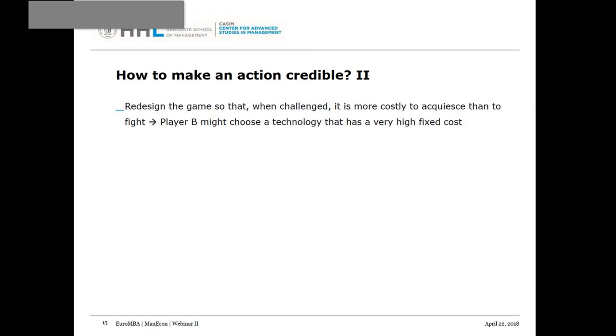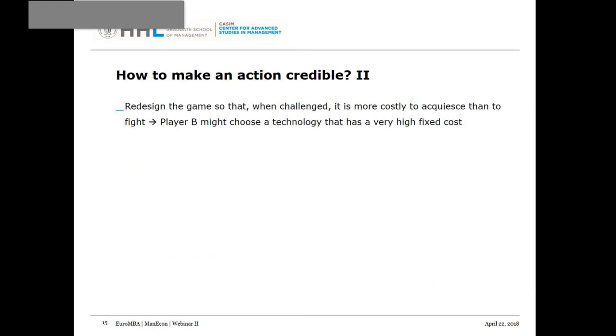So, for instance, a firm, let's say the one firm A, so firm B, would, for instance, choose a technology that has very high fixed cost. Okay, a very high fixed cost that could happen by turning a variable cost into a fixed cost when they oblige to buy, let's say, raw materials for a very high price today, not making it flexible for the future.